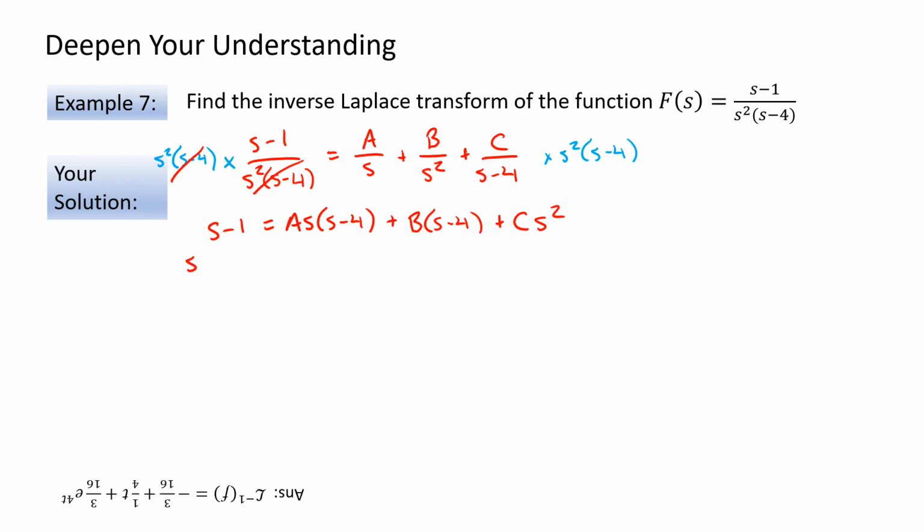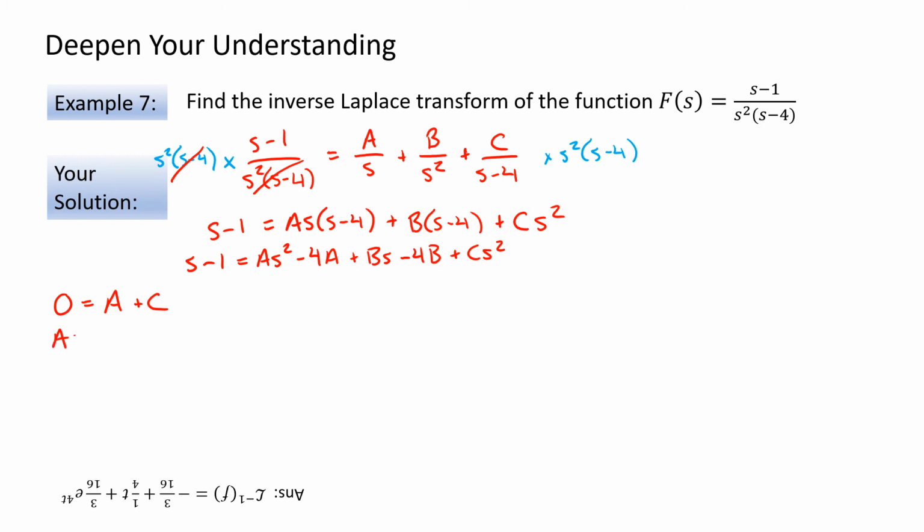So multiplying this out, we get s minus 1 is equal to a times s squared minus 4a plus b times s minus 4b plus c times s squared. Starting with the highest level exponent, on the left-hand side, we do not have any squared terms, so we'll have 0. On the right-hand side, we have a times s squared plus c times s squared.